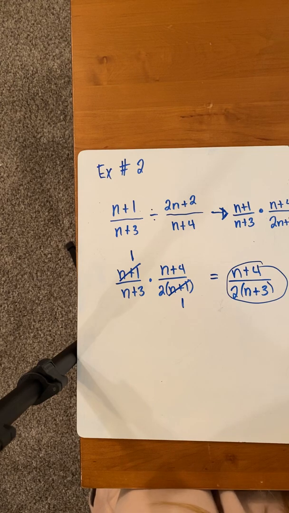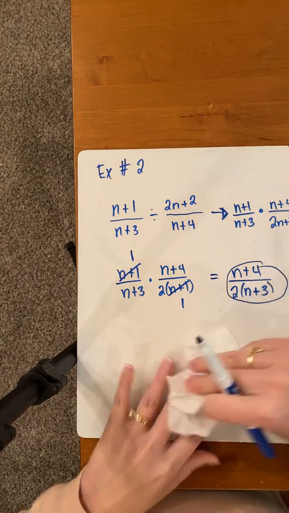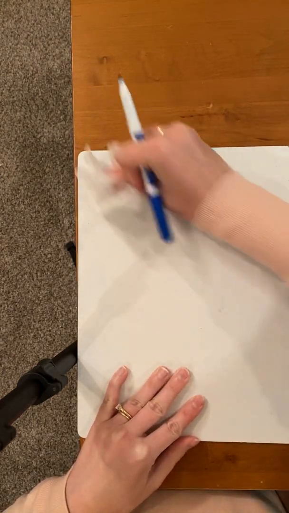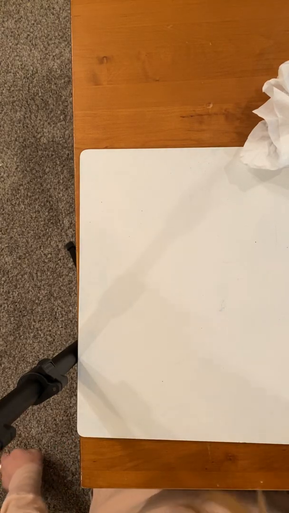Now we're on the top of 661. Often the quotient of a rational expression involves a divisor that is a binomial. So let's look at example 3, divide by a binomial.